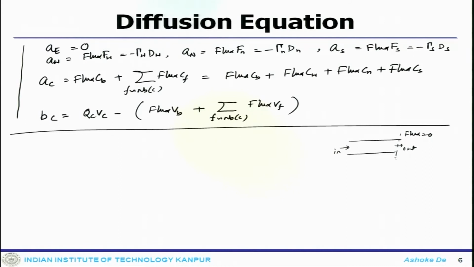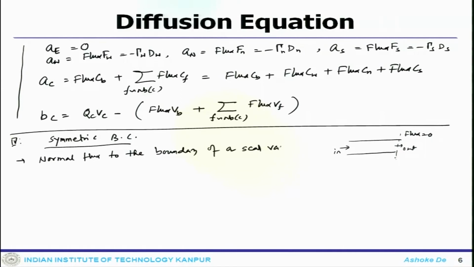Now, moving ahead, there is a fourth type of boundary condition which can also be used, which is a symmetric boundary condition. Typically, along a symmetric boundary, the normal flux to the boundary of a scalar variable phi is 0.